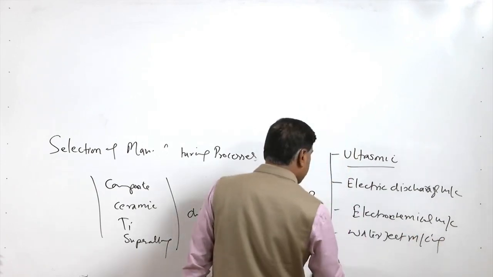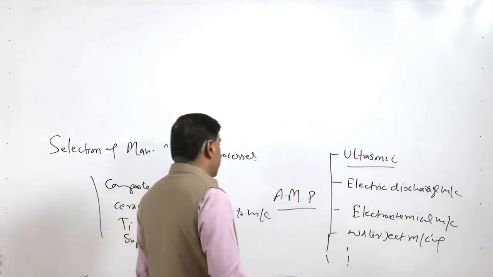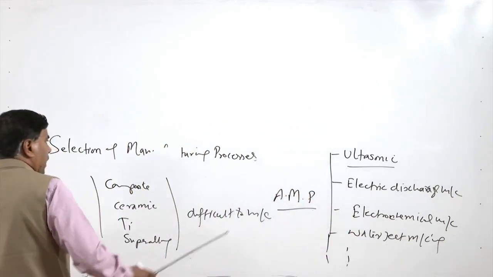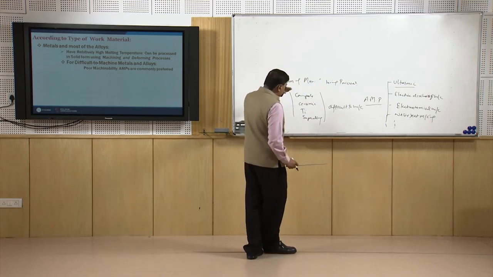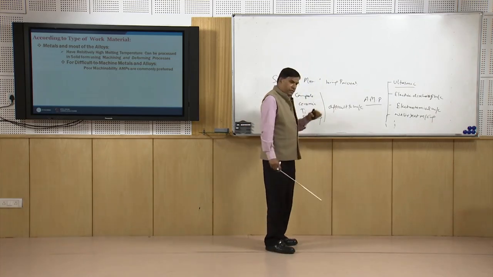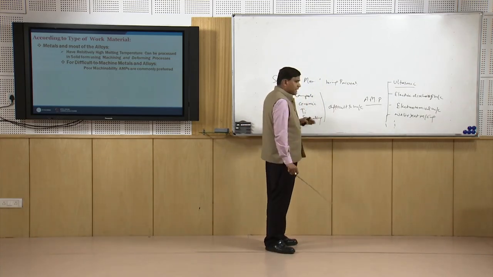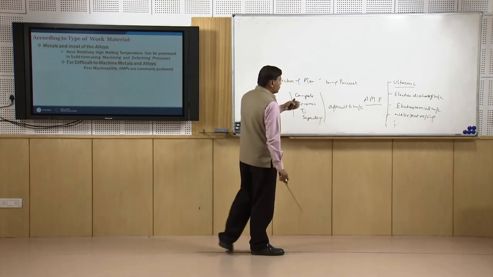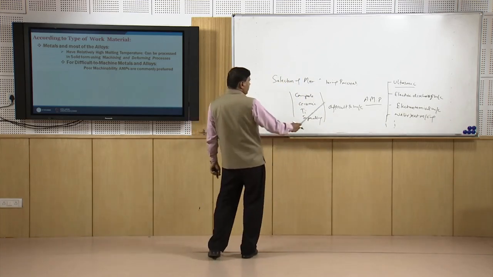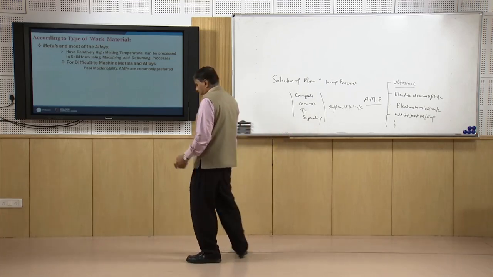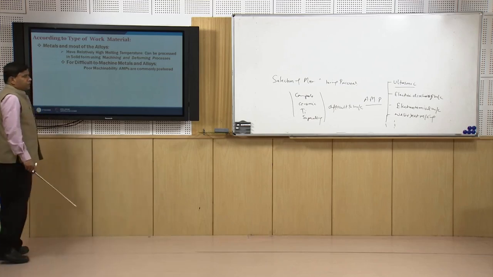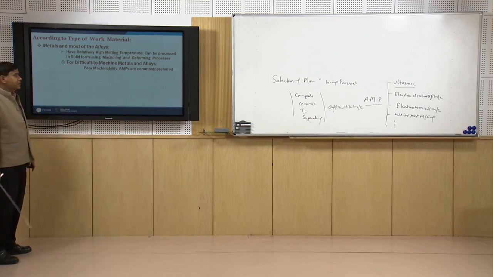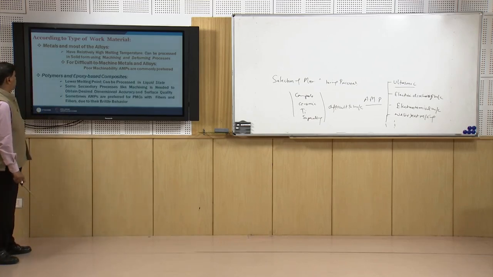So, there are a larger number of advanced manufacturing processes, and in these processes we are able to remove the material in a controlled way, so that the desired size and shape can be achieved. So, difficult to machine materials are further subjected to advanced machining processes, so that the desired dimensions and finish can be achieved.